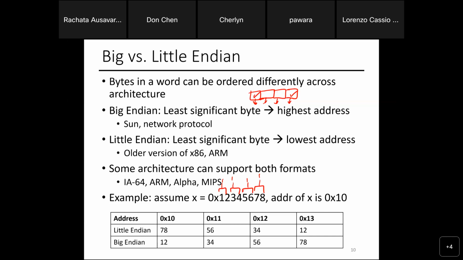It basically means that 0x10 has 7, 8, 0x11 has 5, 6, 0x12 has 3, 4, and 0x13 has 1, 2. For big endian, it's the reverse of that. So 0x10 points at the highest significance, which is 1, 2, followed by 3, 4, followed by 5, 6, followed by 7, 8. Any questions?